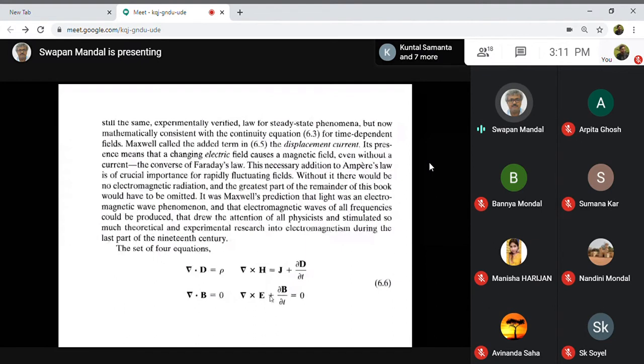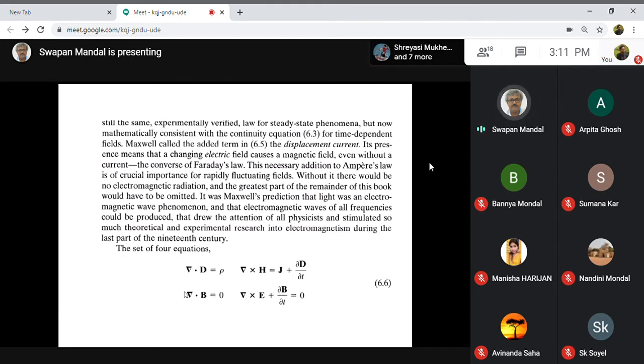I have two inhomogeneous equations as well, so I have to use these in order to have some knowledge about the vector potential and scalar potential.